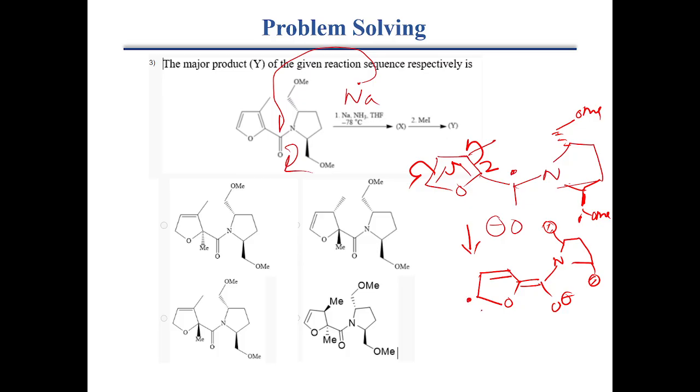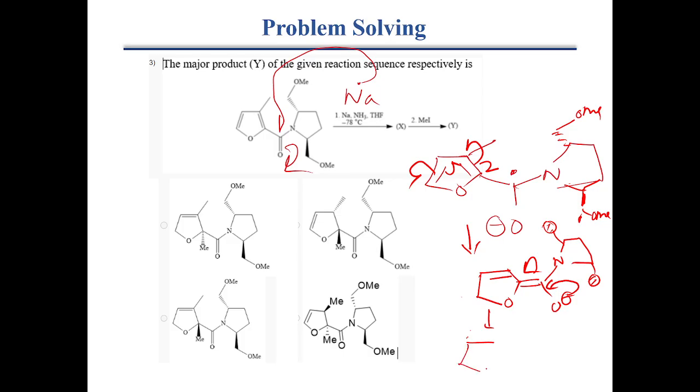Now this radical further can abstract a single electron from sodium, and from this negative charge this can react with the ammonia or extract a proton from ammonia. So which will form this intermediate. So now this intermediate, this will go like this way, and this is from this negative charge.